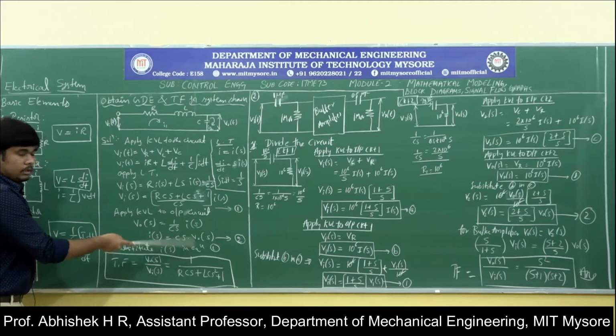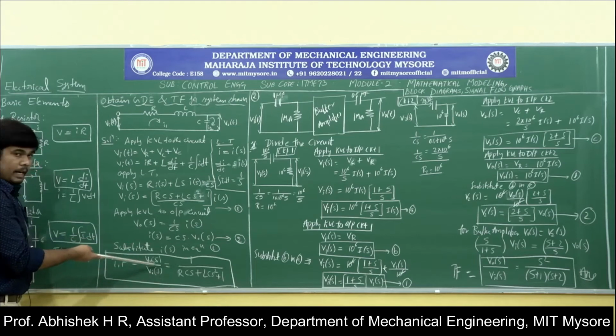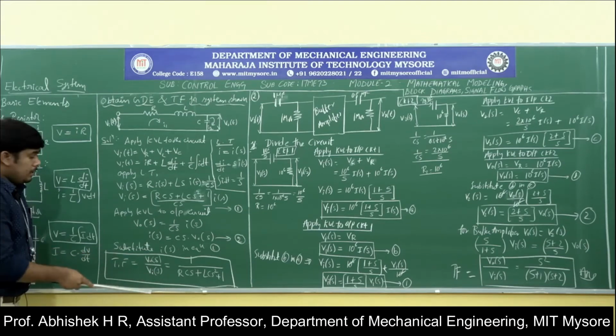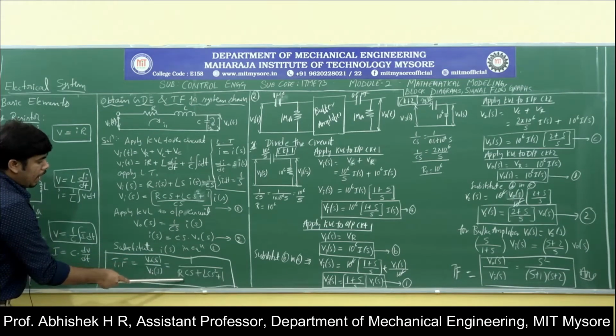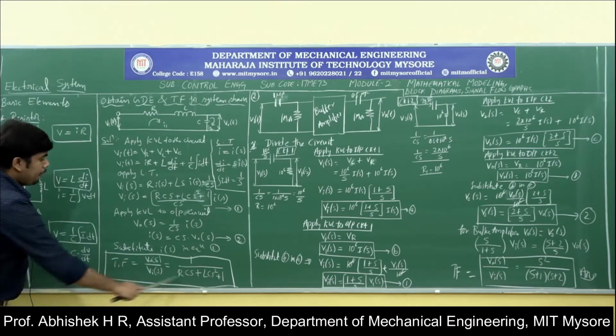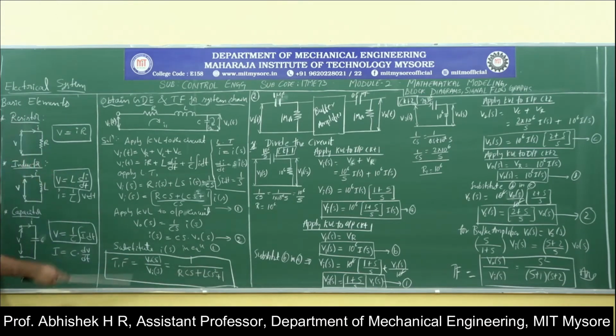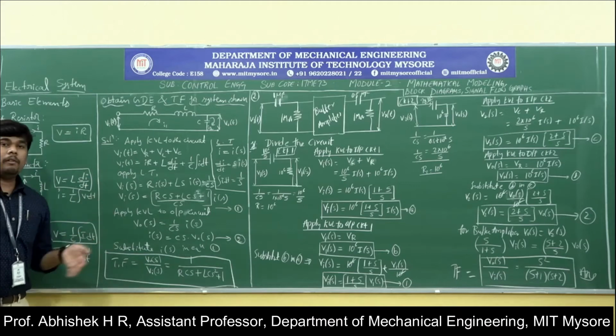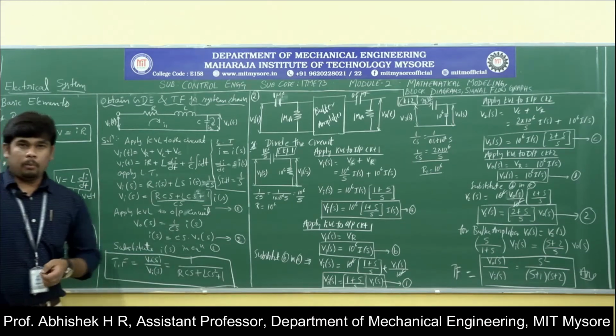Simplify and write in terms of V0(s) by Vi(s). You will get 1 by RCs plus LCs square plus 1. This is the final transfer function for the given electrical circuit. In a similar way, we can solve other problems also.